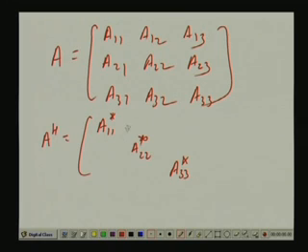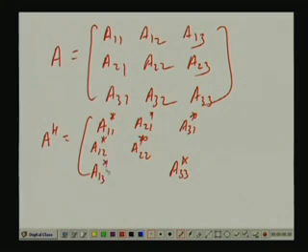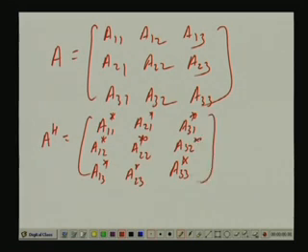Okay, Hermitian transposition means A12 comes here with a conjugate and A21 goes here with a conjugate, A31 comes here with a conjugate, A13 comes here with a conjugate, A23 comes here with a conjugate, A32 comes here with a conjugate. Now, if these two matrices are same, then A will be called a Hermitian matrix. That means, firstly the diagonal elements A11 must be A11 star, which means it must be a real valued element. Similarly for A22, similarly for A33.